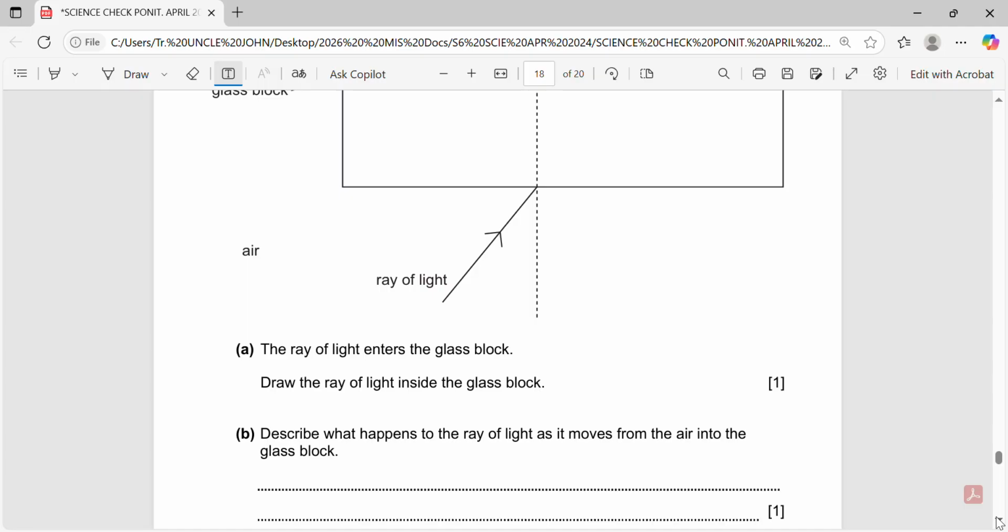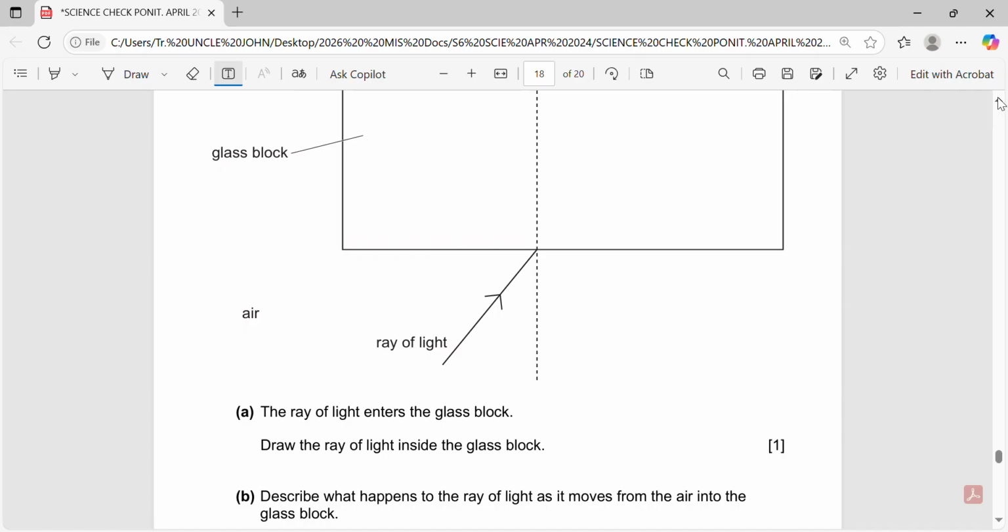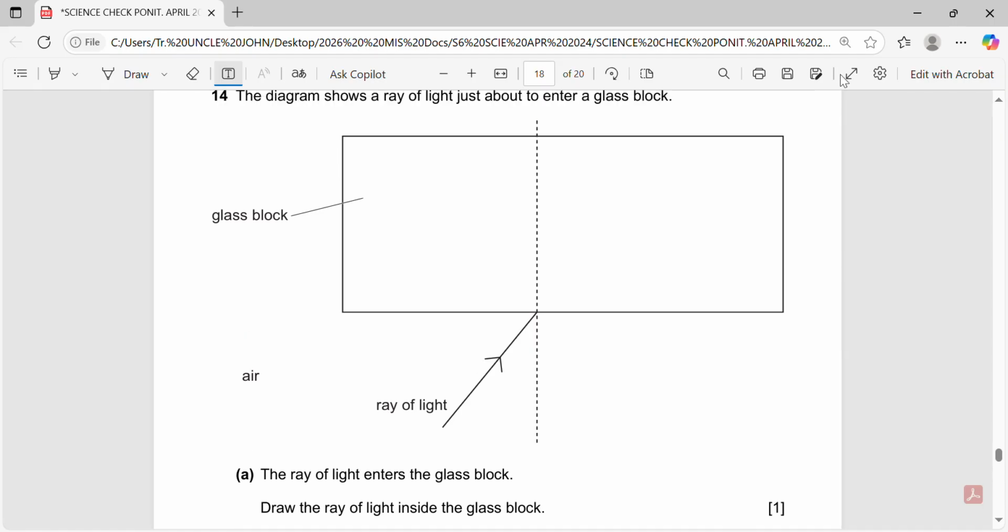Draw the ray of light inside the glass block. If the ray of light enters the glass, this ray of light will refract. So it requires you to have revised the unit about refraction of light.